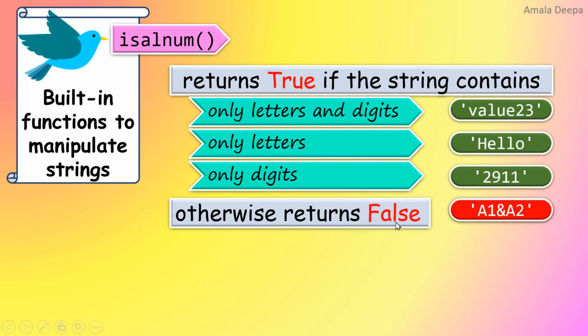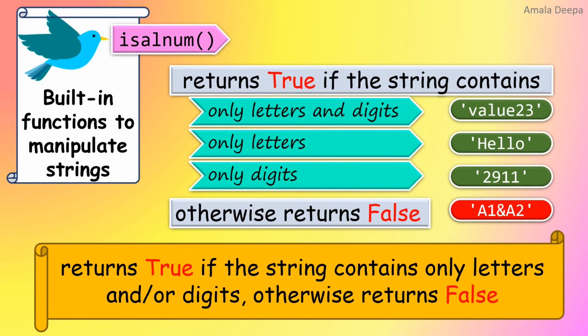So it will return false. So now we can define isalnum function as it returns true if the string contains only letters and or digits. So only letters and digits, or only letters or digits. Otherwise, returns false.